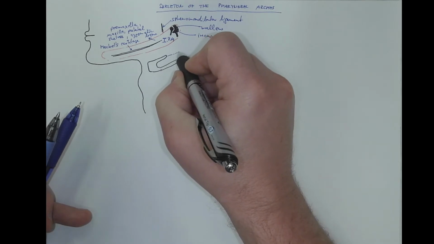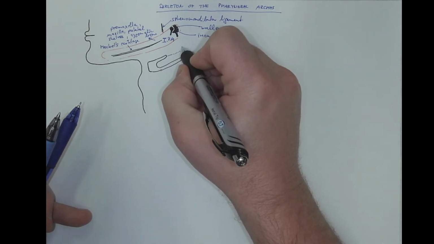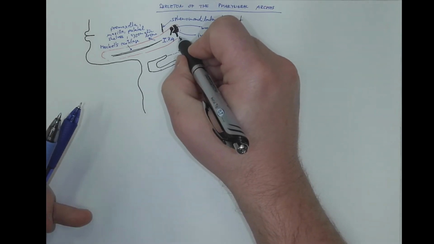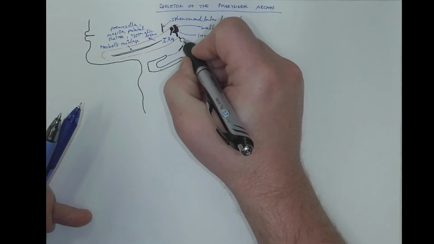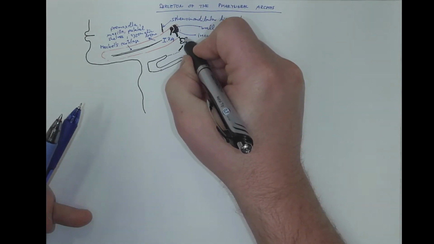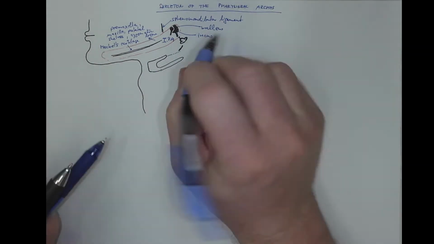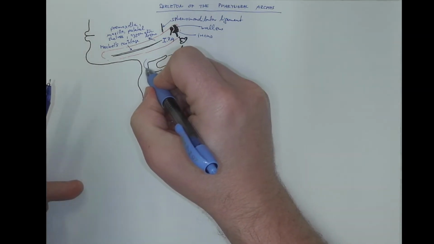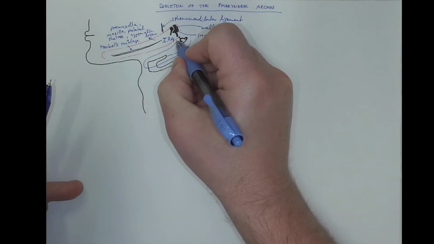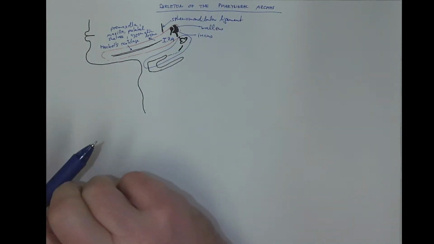Also to the stylohyoid ligament, to the styloid process, and to the third of the auditory ossicles, namely the stapes. So this is what is derived from the mesenchyme of the second pharyngeal arch.